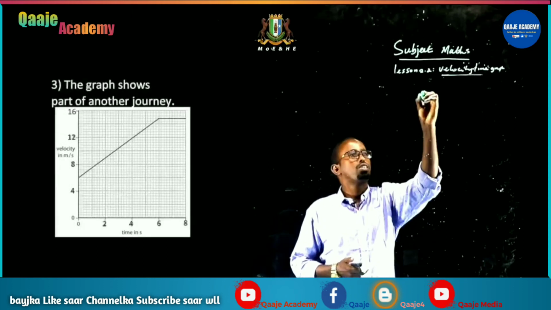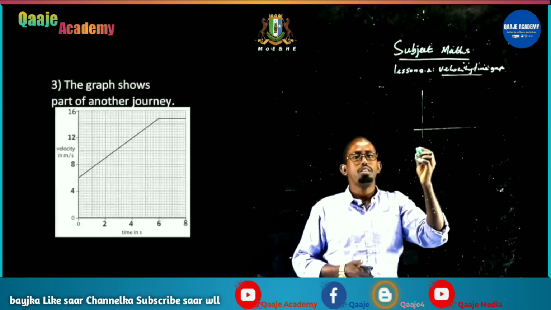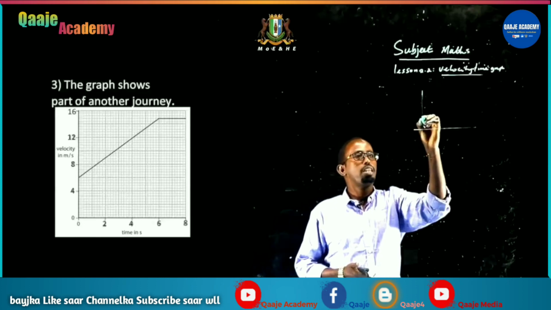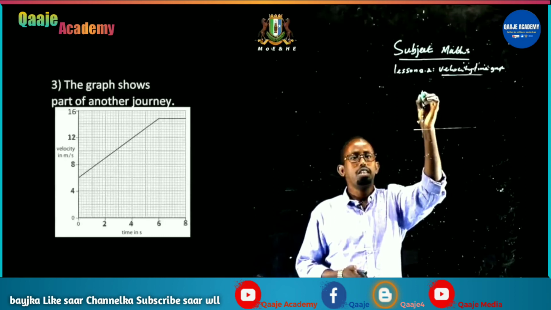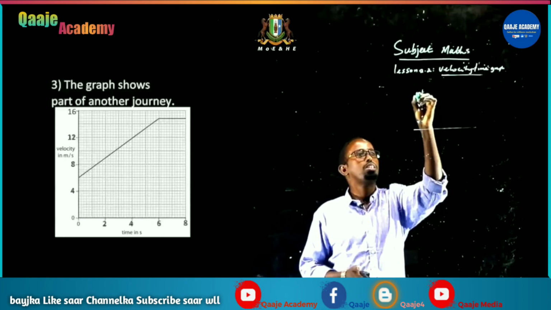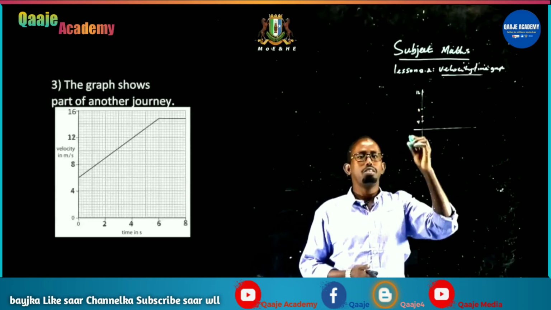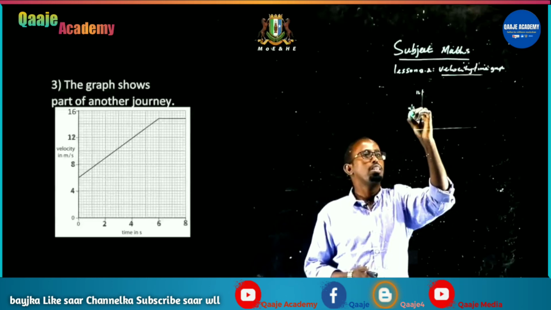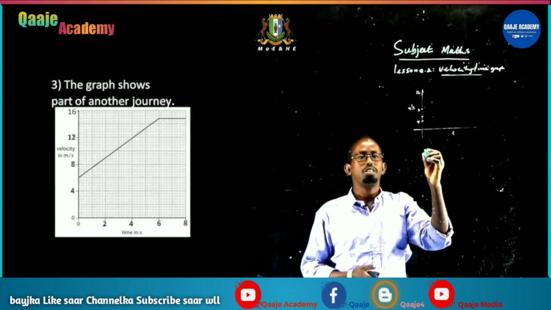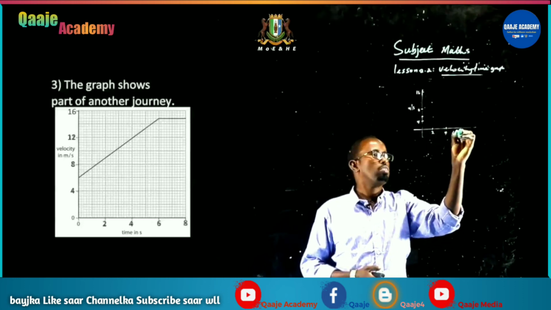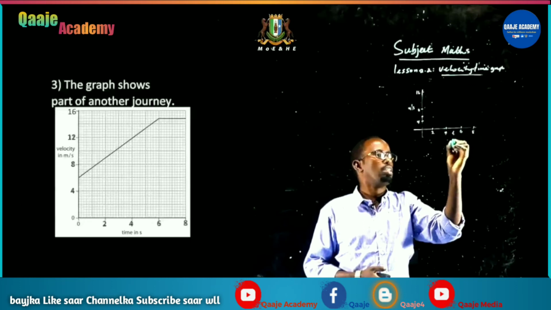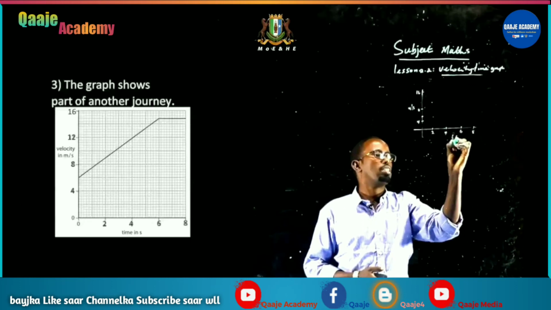Now the graph looks something like this again. It starts from here. This is 4. We have 8 there, and then up to the last point, which is 16. This is meters per second, and this is time. So 2, 4, 6, and then 8, time in seconds.